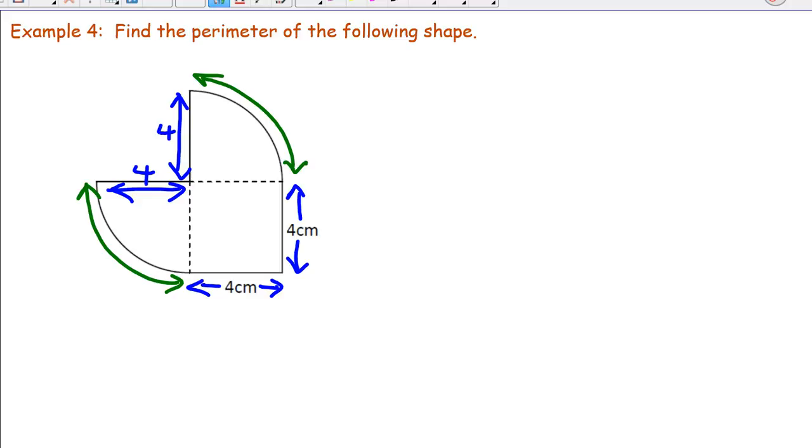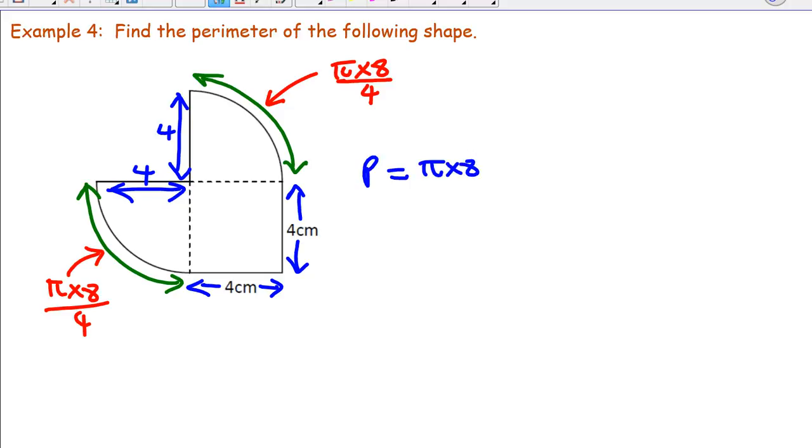So this distance here, it's a quarter circle, which means that will be, and the diameter is 8, so pi multiplied by 8 divided by 4. And that as well will be pi multiplied by 8 divided by 4, which means the perimeter of this shape will be equal to pi multiplied by 8 divided by 4 plus pi multiplied by 8 divided by 4.